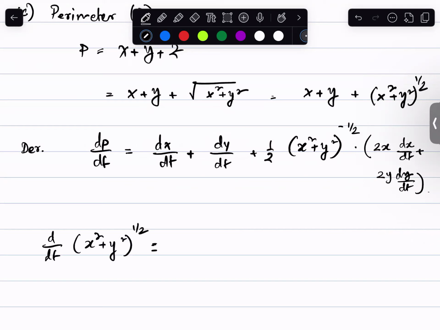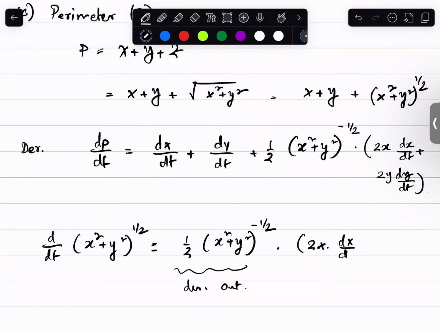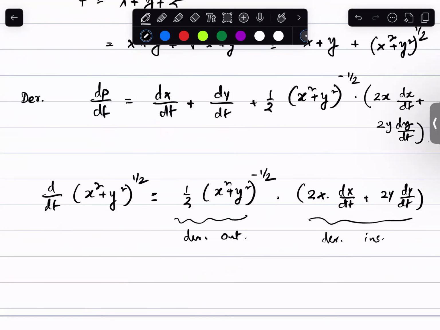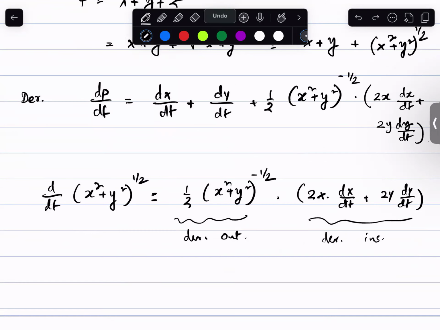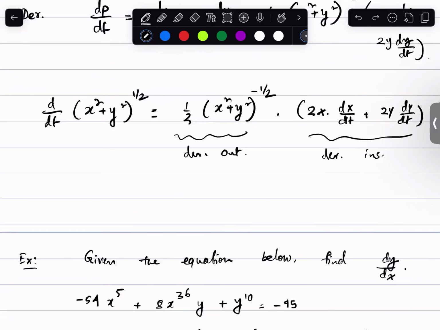So again, I have to use the chain rule. This is my outside function, so I get half times (x squared plus y squared) to the negative half. This is the derivative of the outside. And then for the derivative of the inside, I get 2x dx/dt plus 2y dy/dt. This is my derivative of the inside. And then I just replace the whole thing right there. Okay, cool.